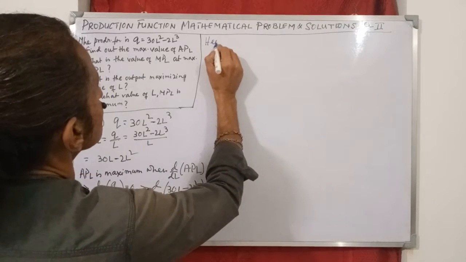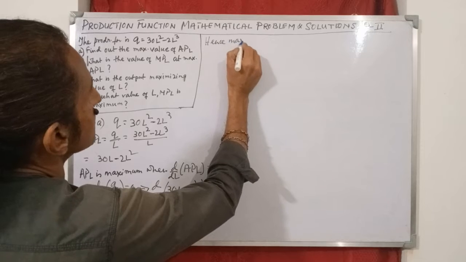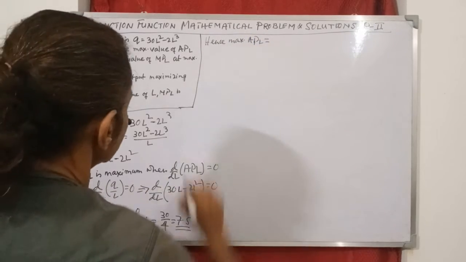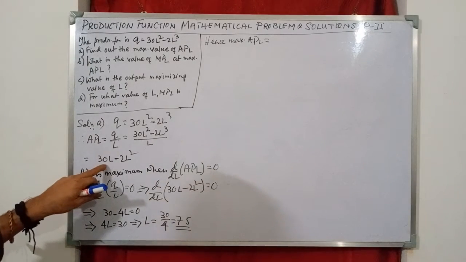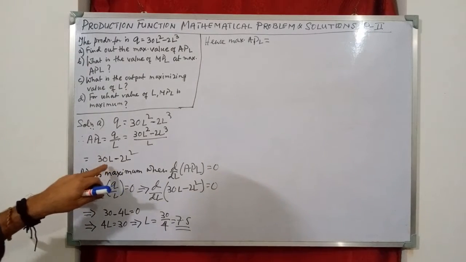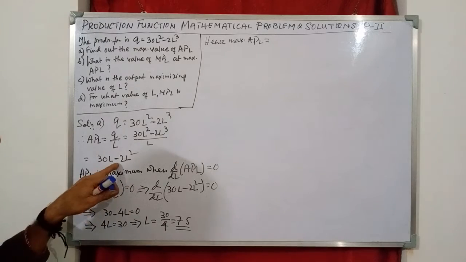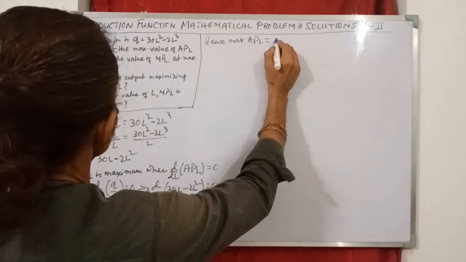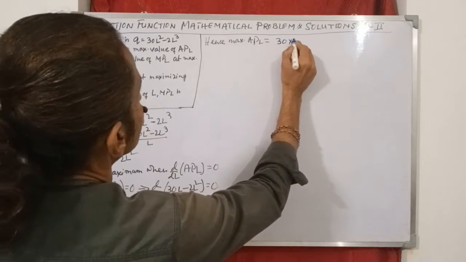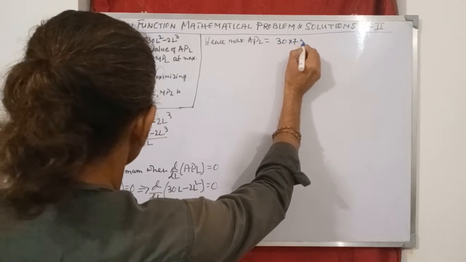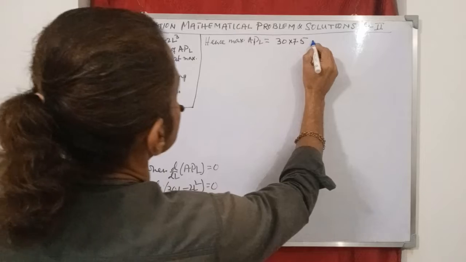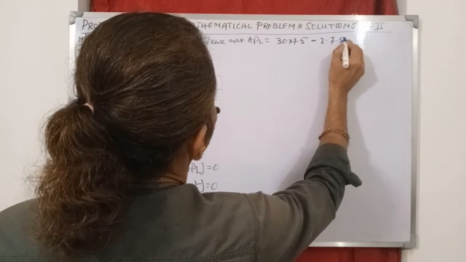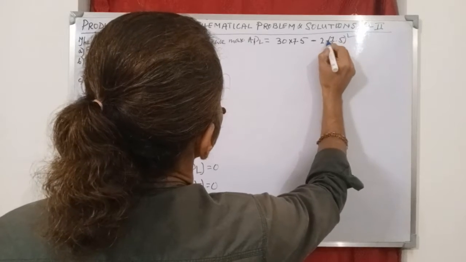Hence maximum APL is equal to 30L minus 2L square, that is 30 into 7.5 minus 2 into 7.5 square.